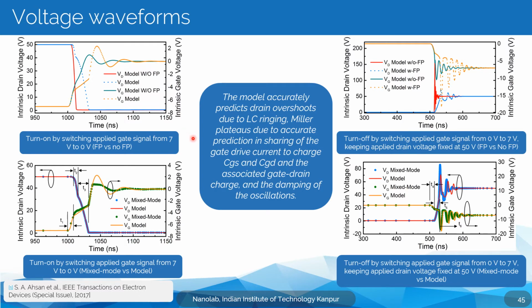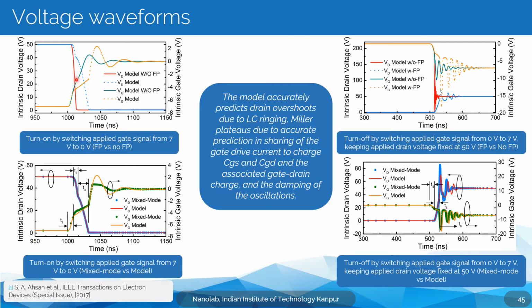As you can see, these are the turn-on transients, and these are the turn-off transients for the device. Now, the dotted ones are the results with the field plate model switched on, and the solid lines denote the results with the field plate models switched off.